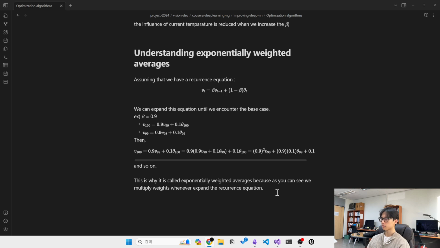It turns out that, up to details I'll talk about later, all of these coefficients add up to 1, or add up to very close to 1, up to a detail called bias correction, which we'll talk about in the next video. But because of that, this really is an exponentially weighted average.